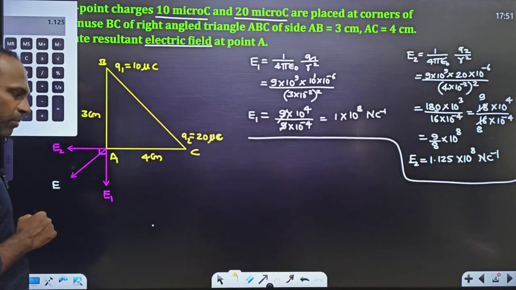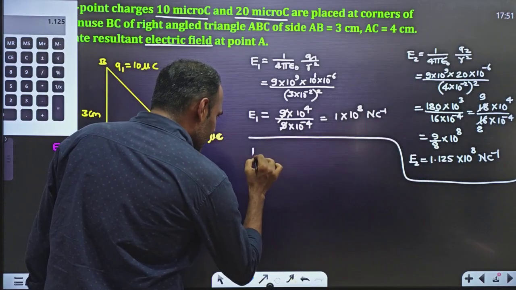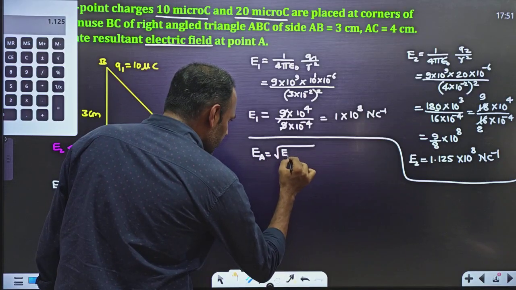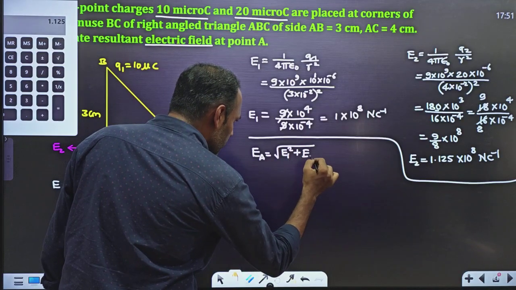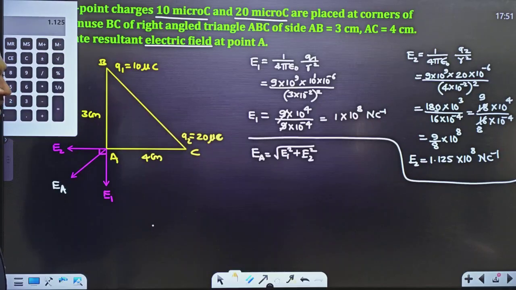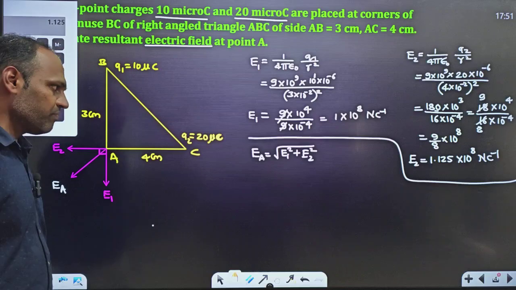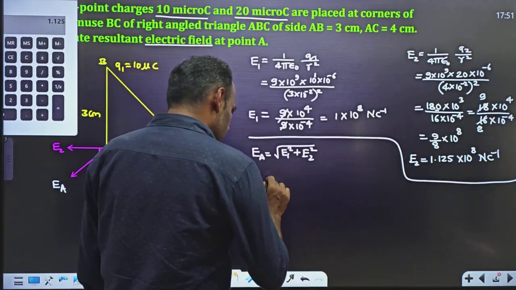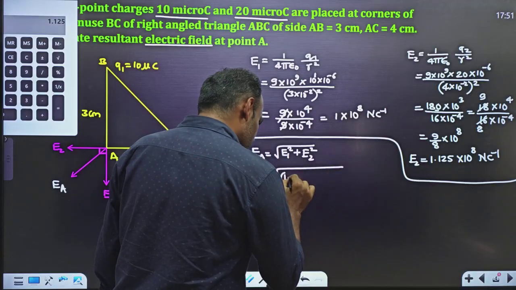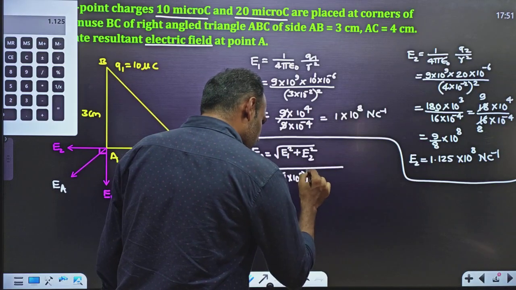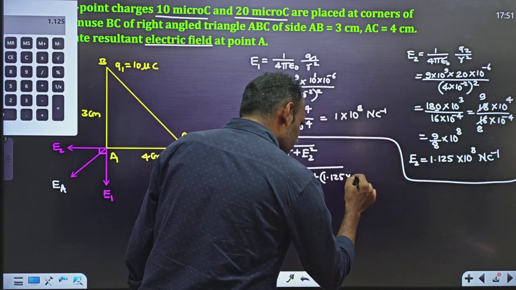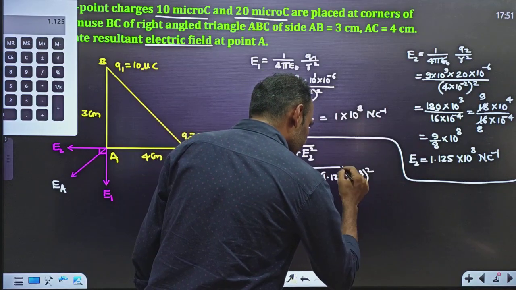Since E1 and E2 are perpendicular, the resultant electric field at A will be equal to root of E1 square plus E2 square, because they are perpendicular to each other. So we have to simplify this now. E1 square plus E2 square: E1 value substituted, it is 1 into 10 raised to 8 square, plus E2, it is 1.125 into 10 raised to 8 square, right?